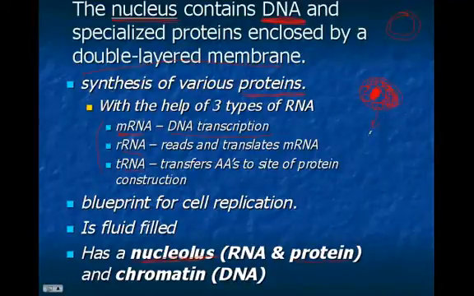So you may say, well, why are we doing this extra step? Why do we make this messenger RNA off of a piece of our DNA that codes for a certain protein, and then send it out of the nucleus where the ribosomes are, right? That's where we actually make the proteins, outside the nucleus on the ribosomes.